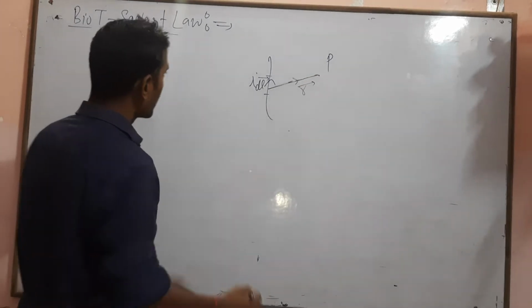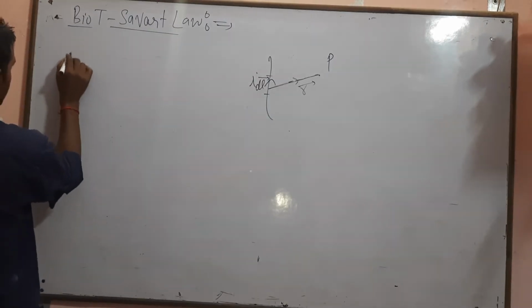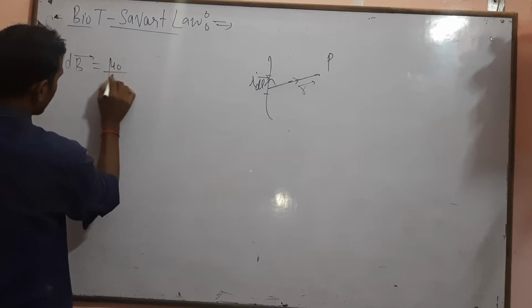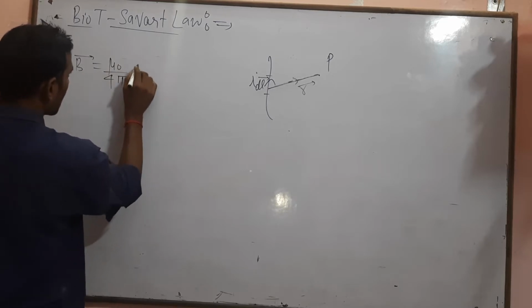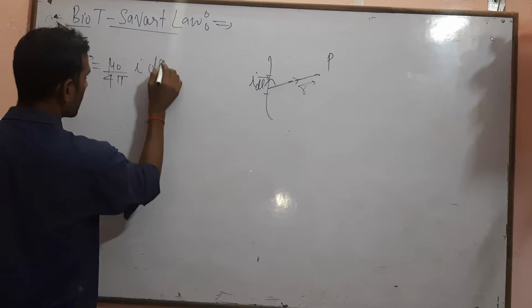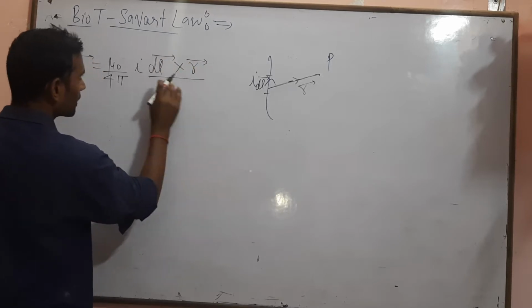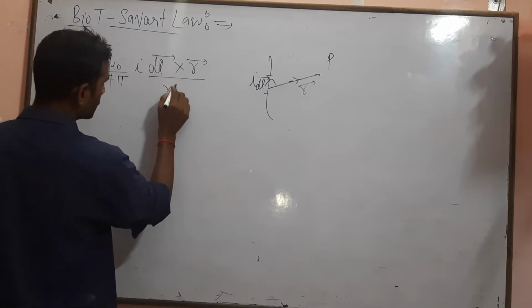Implies that according to Biot-Savart law, we can say dB vector equals mu naught by 4 pi, I dl vector cross R vector divided by R cube.